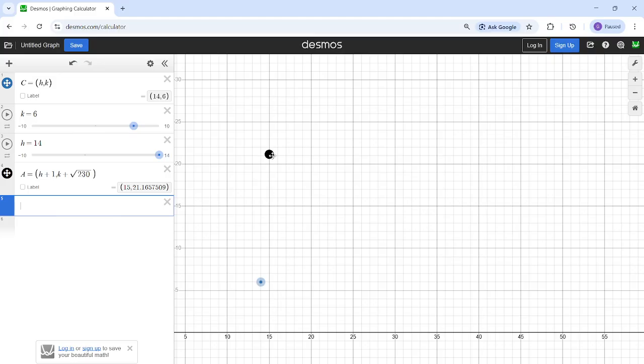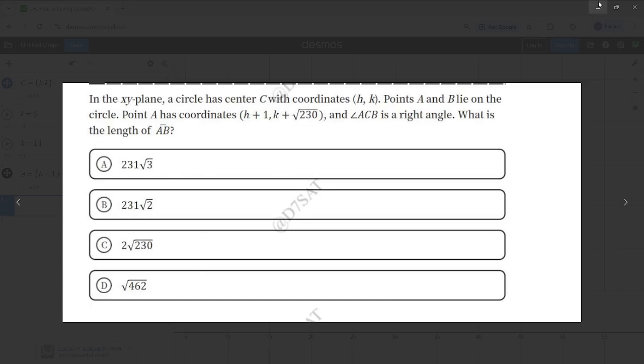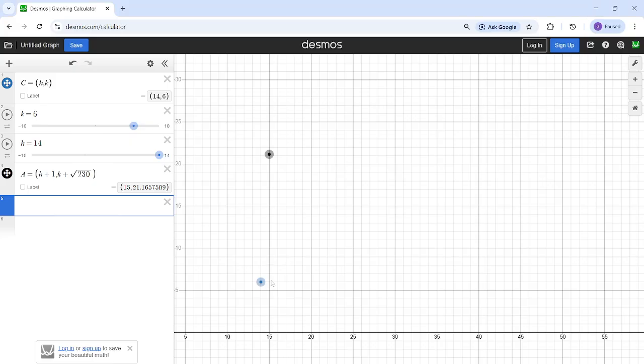Now, it is telling us that ACB here is a right angle. A right angle is formed by 90 degrees. So let's imagine here is point B. Now the lengths of AC and CB are the same.